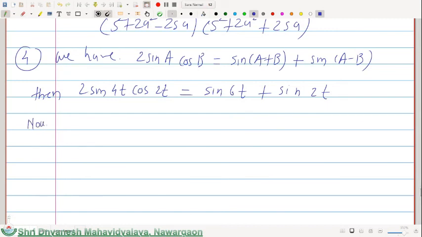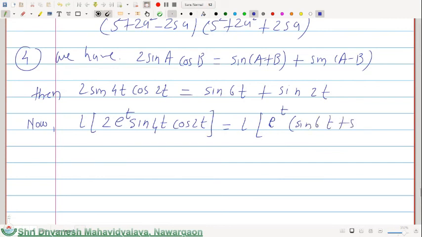Now Laplace transform of twice e to the power t sin 4t cos 2t, which equals, by using this above equation, Laplace transform of e to the power t into sin 6t plus sin 2t.